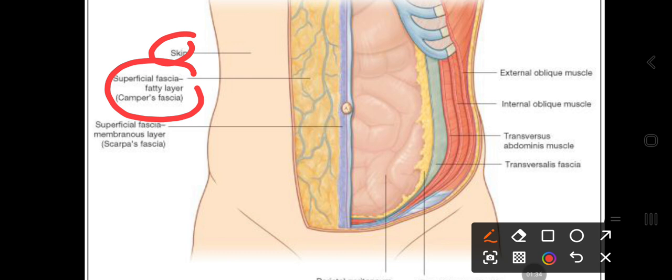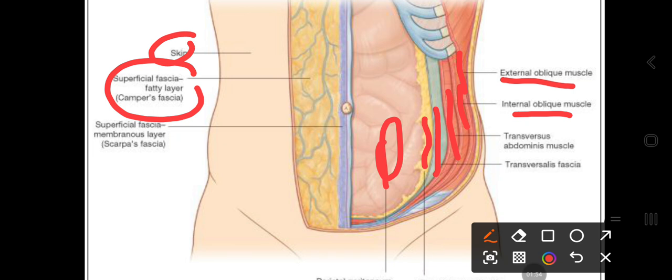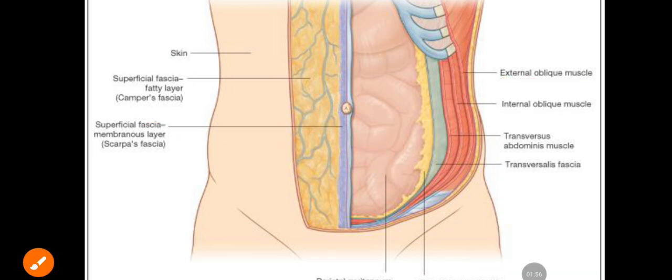Then you can find muscles: external oblique, internal oblique. This is the external, this is the internal, this is the transversus abdominis. Then you find the fascia transversalis, then extraperitoneal fat, and then the parietal peritoneum.